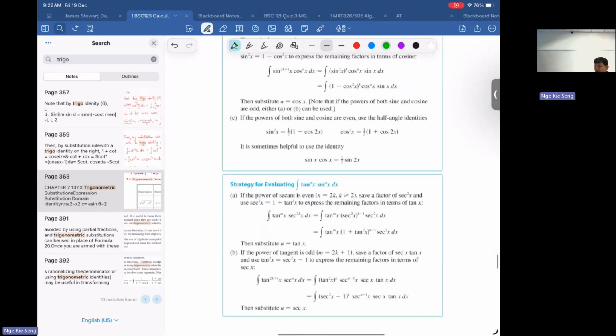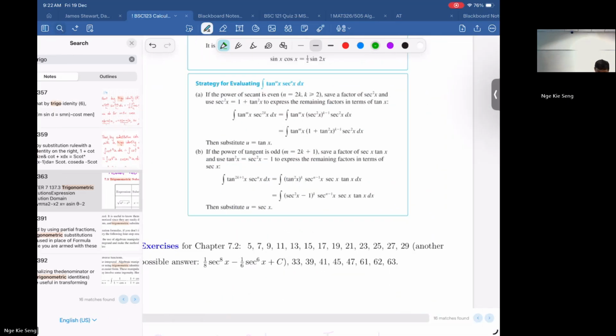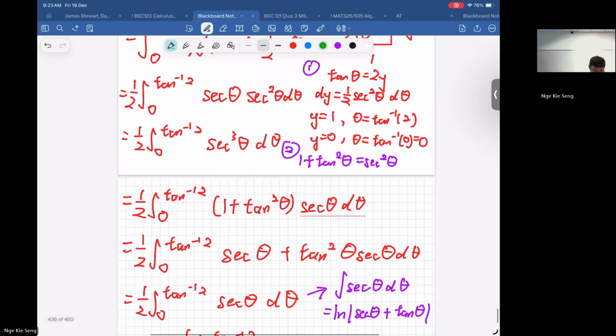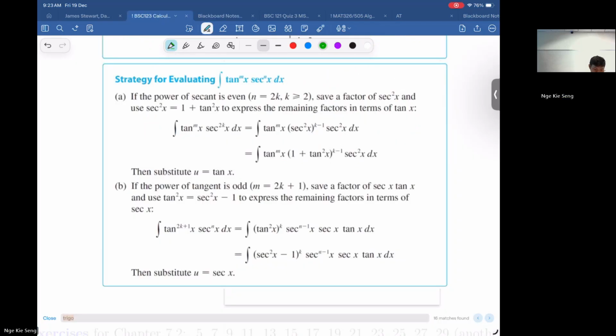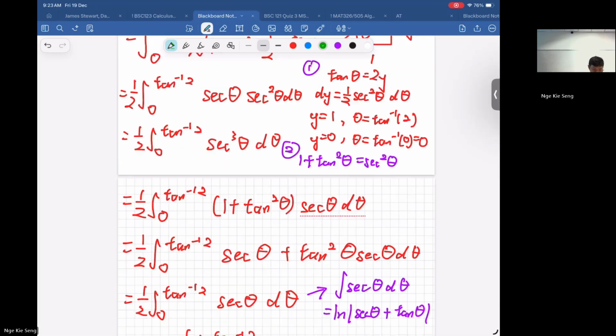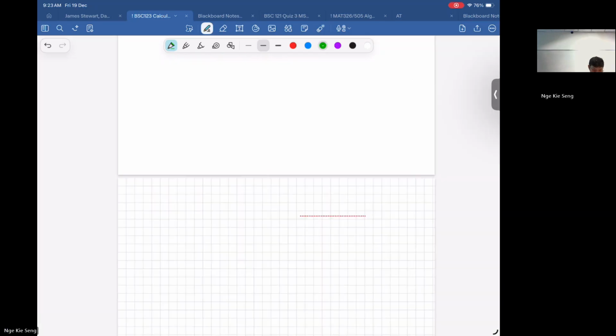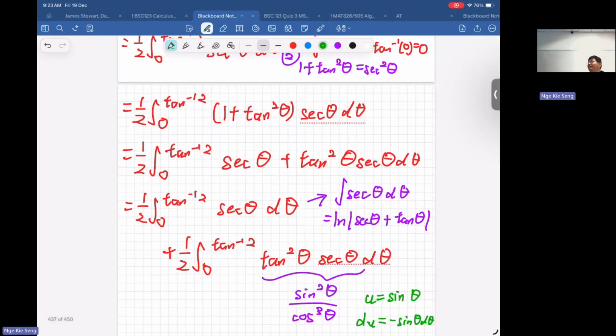So this technique says what? If the power of secant is even, save it. If the power of tangent is odd, save it. Okay, so let's see what our case is. If the power of secant is even, our secant is odd. If the power of tangent is odd, our tangent is even.